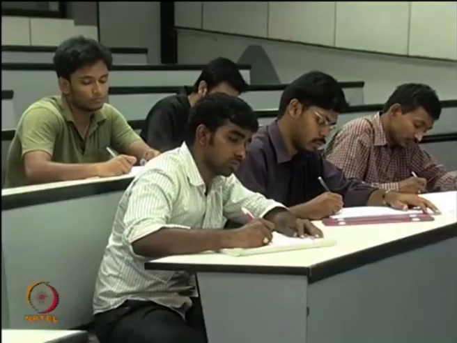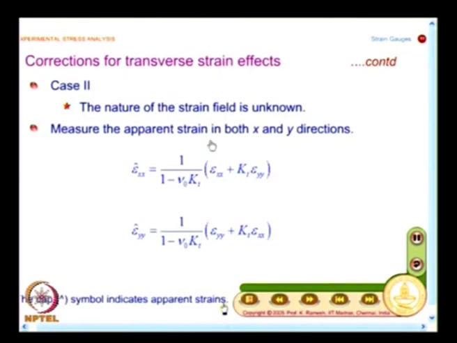We need to qualify it better, find out whether we have accommodated the errors, whether we have been able to correct them, and then get the actual strain. Since in this case I do not know the nature of the strain field, in order to account for transverse strain effects, you measure the apparent strain in both x and y directions.